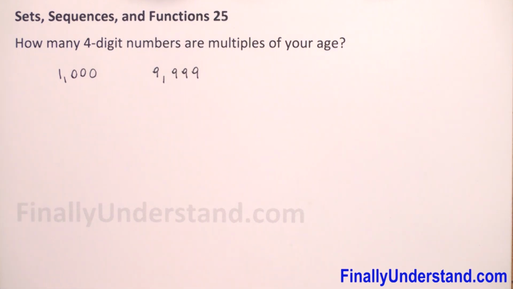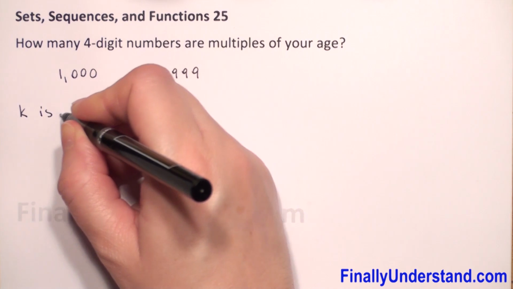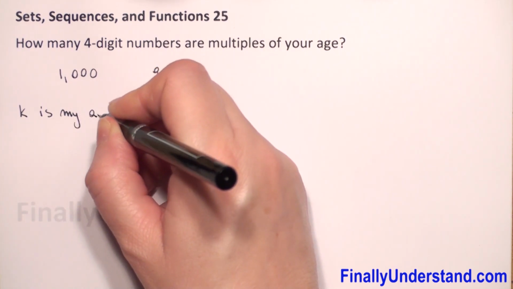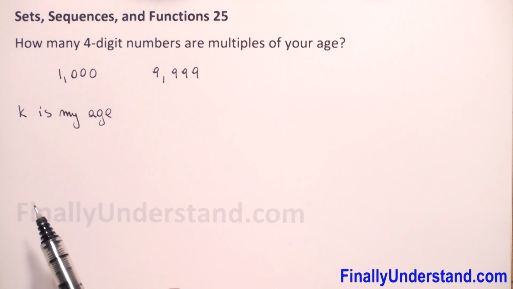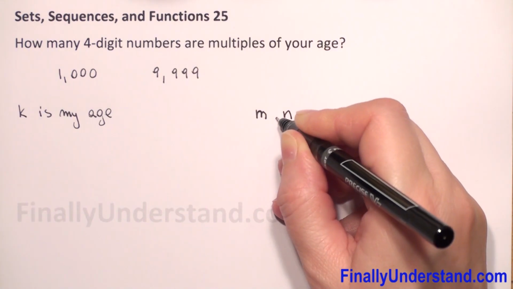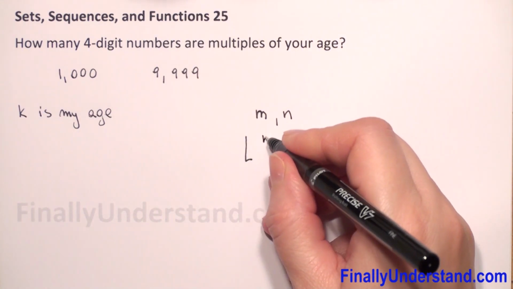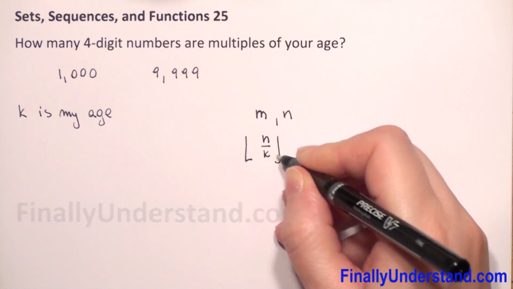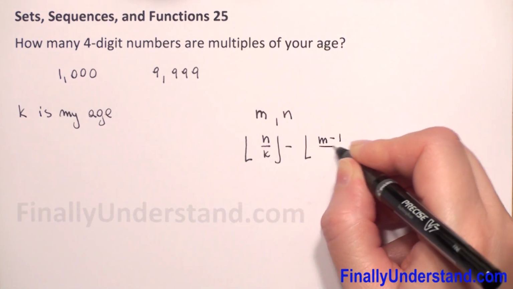Next, if k is my age, the number of multiples of k between m and n is floor of n over k minus floor of m minus 1 over k.